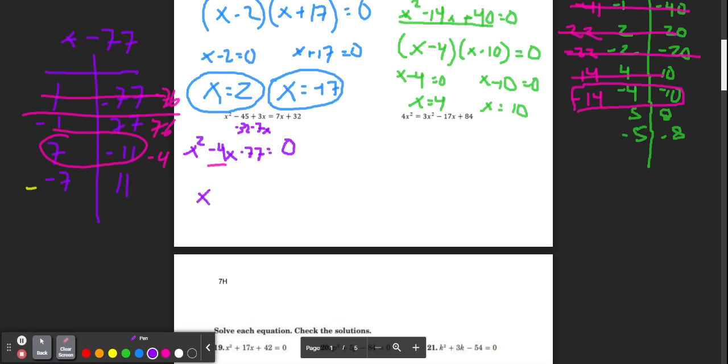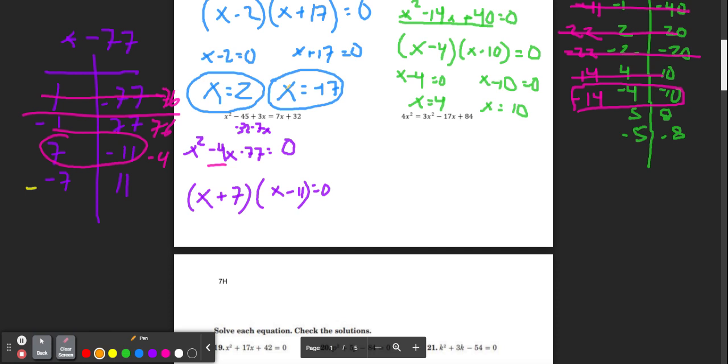So we're going to get x plus 7 as one parenthesis, x minus 11 as the other. And each parenthesis is set equal to 0. So x plus 7 equals 0 and x minus 11 equals 0.